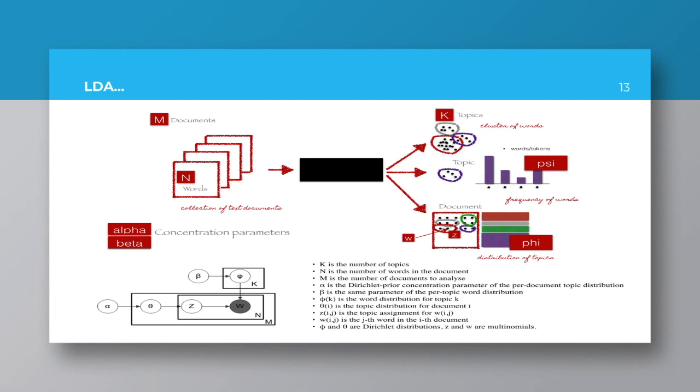The core package for implementing LDA is scikit-learn. We also use other packages like regular expressions, spaCy, and Gensim for processing the text data. Given a set of documents, we process the textual data to build the topic models with scikit-learn.